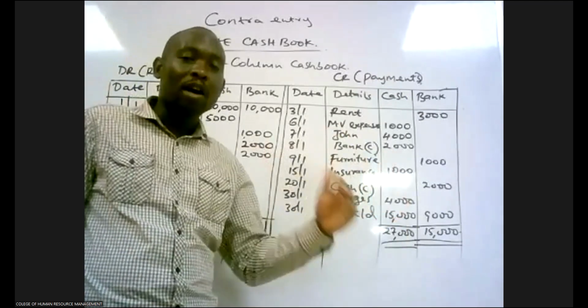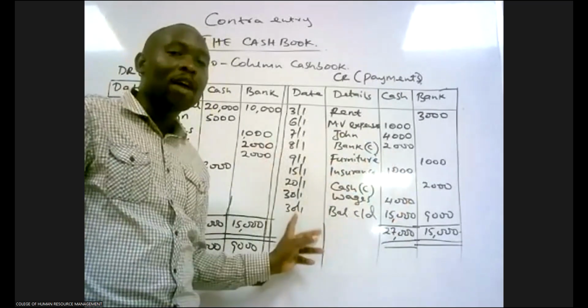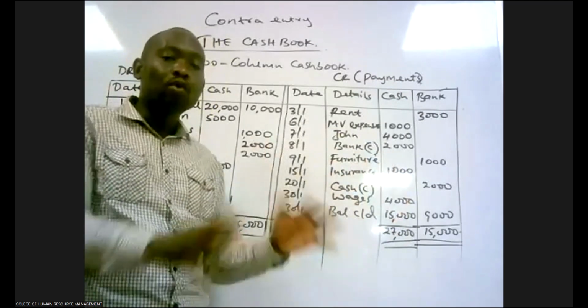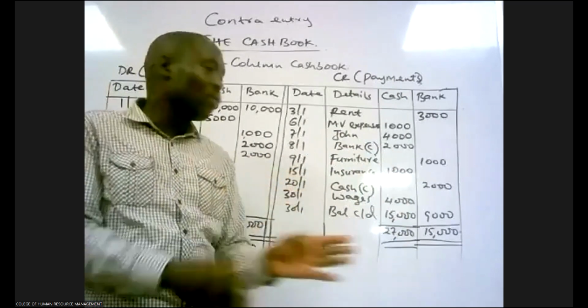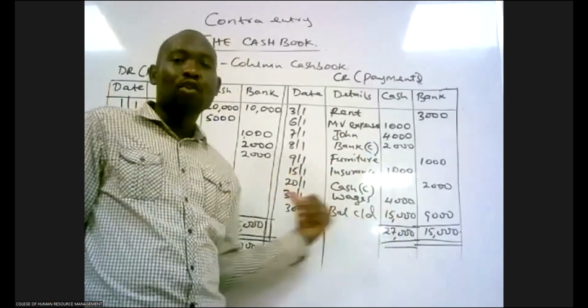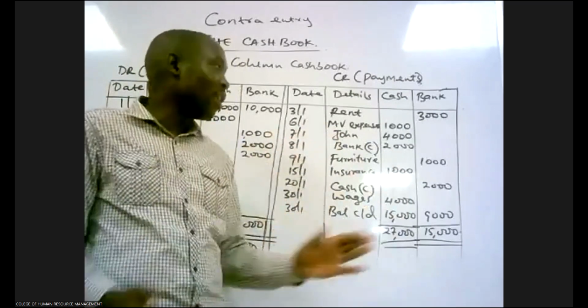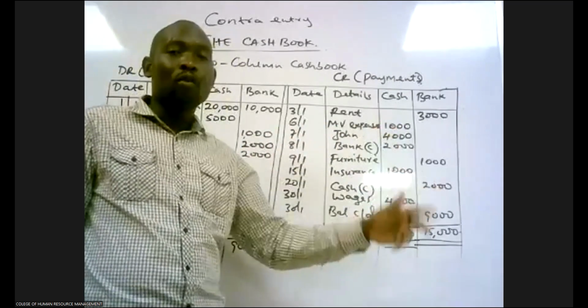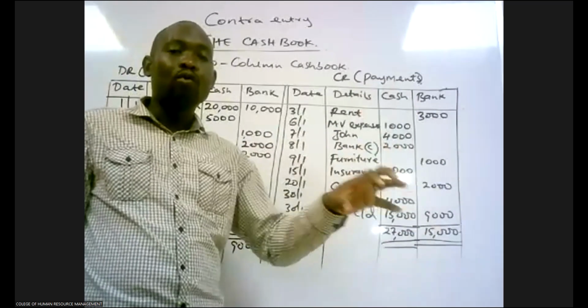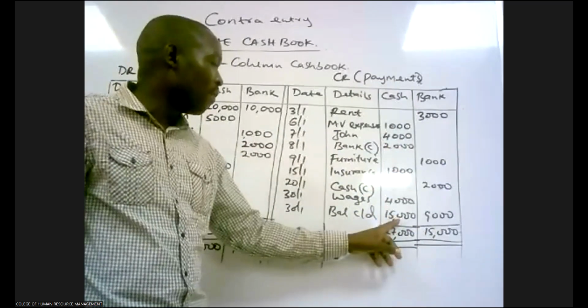When we go to your cash box on 30th of January, what we are going to find there in terms of amount is 15,000, not 27,000. 27,000 is your total receipt, but that 27,000 has been used to pay costs worth 12,000. So what we shall find in your cash box is 15,000.